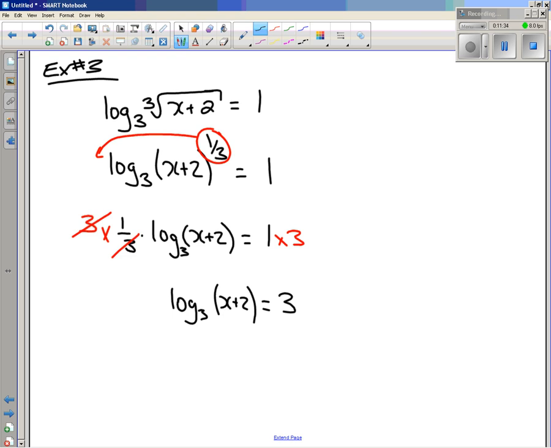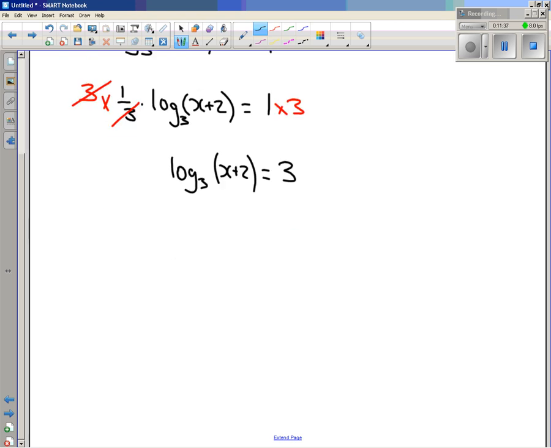Okay. So now we can look at that and say, all right, let's put a log on our right-hand side. Let's put a log 3 base 3. We know that equals 1, so we're not changing our equation at all. Now we have a log base 3 on both sides. We can pull that exponent up, and we have log 3 cubed base 3 equals log of x plus 2 base 3.